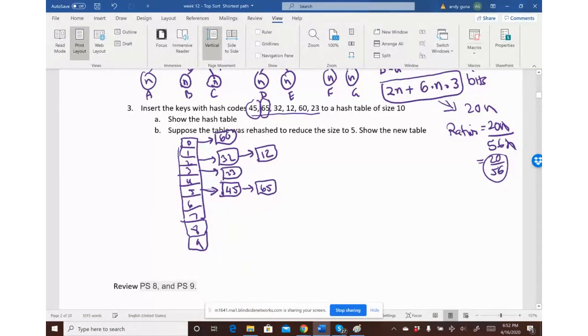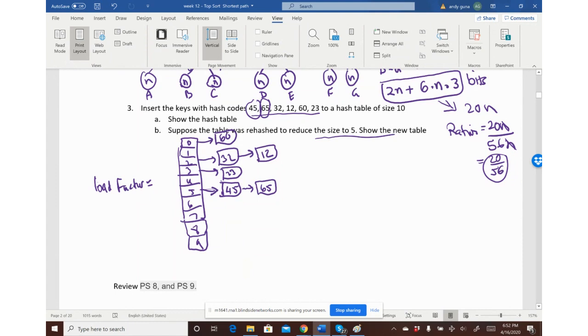Okay. Now, let's suppose that when you look at this table, I'd like you to find the load factor. So what's the load factor for this table? The hash function gives you the hash code.